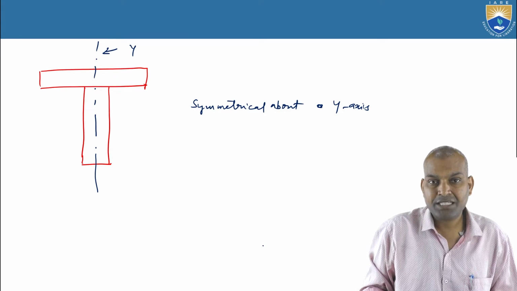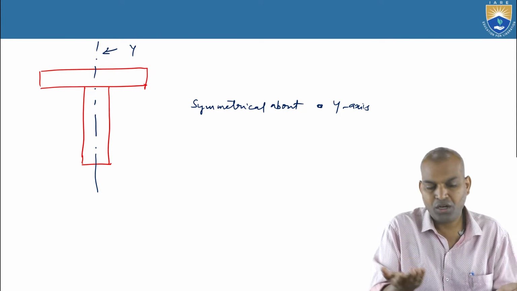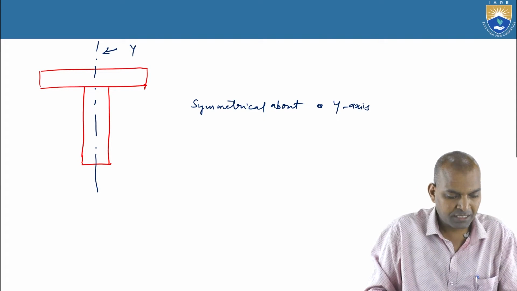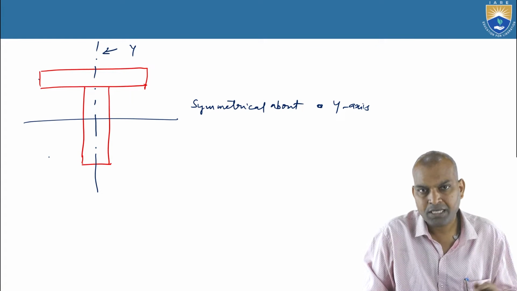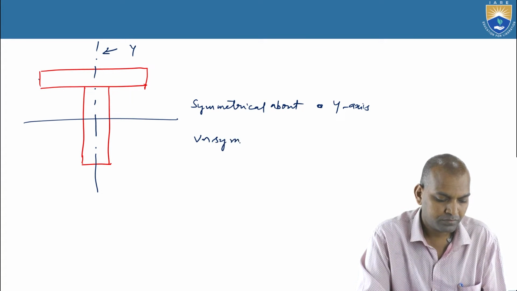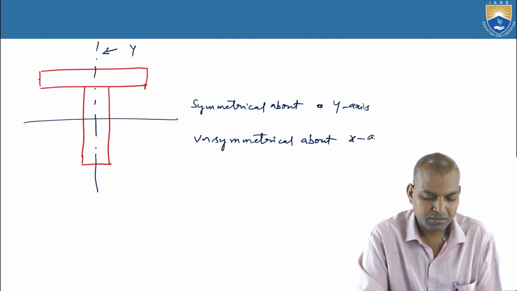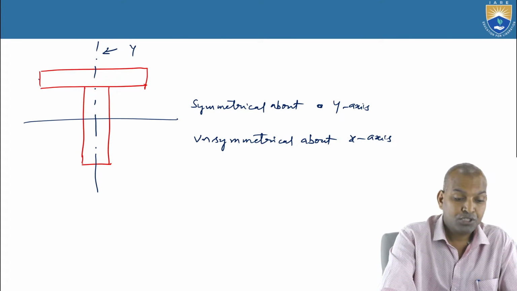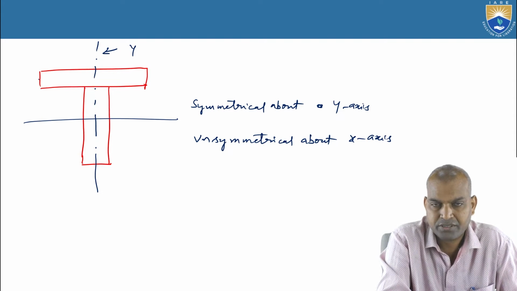And what about the x axis? It is not symmetrical about the x axis. If you fold horizontally, the top and bottom geometry is not the same. It is unsymmetrical about the x axis. It is symmetrical about axis y, unsymmetrical about axis x.